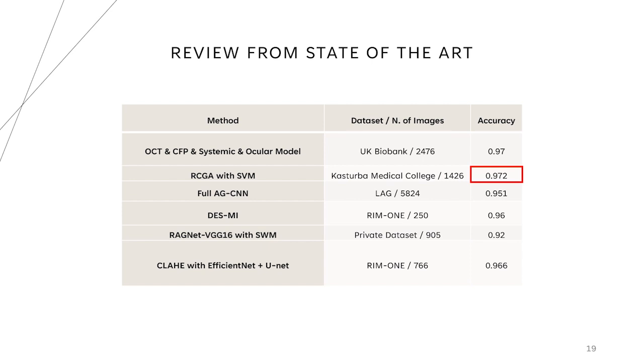This also may contribute to a different result. Although we can say that the accuracy presented in the results is pretty high. It is worth mentioning the RCGA with SVM as the highest accuracy for glaucoma detection from the reviewed works.